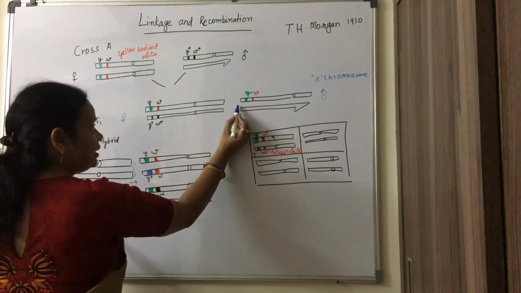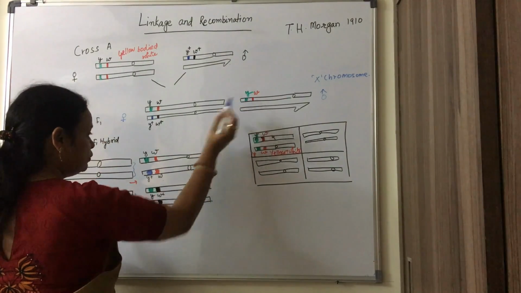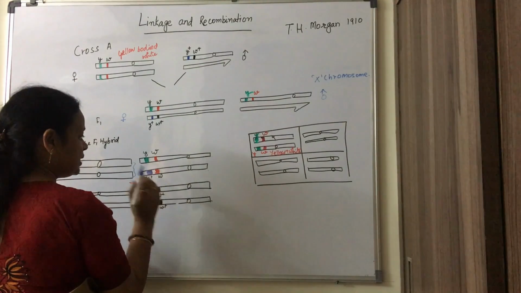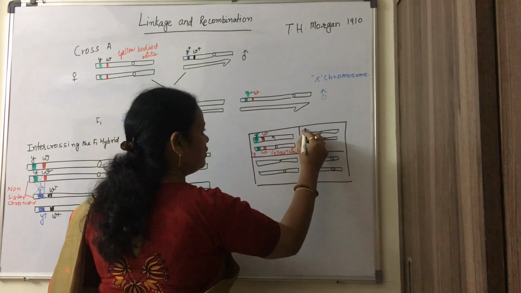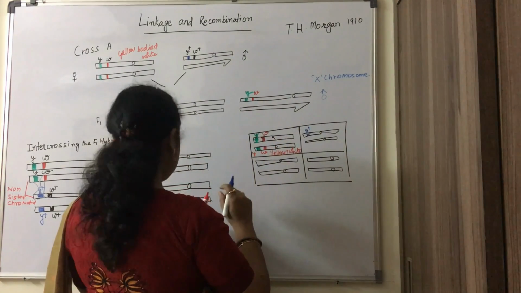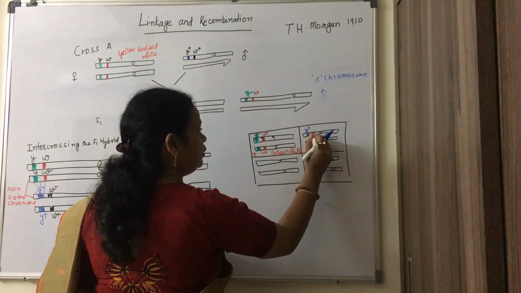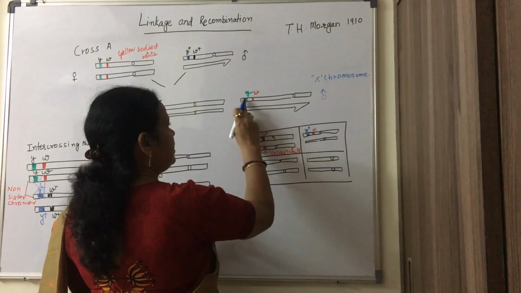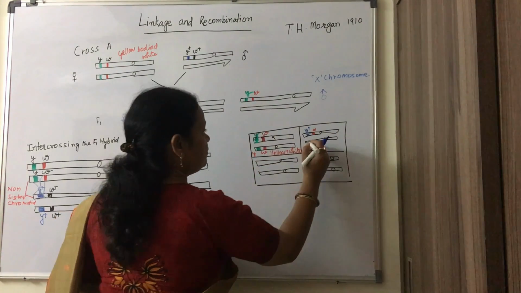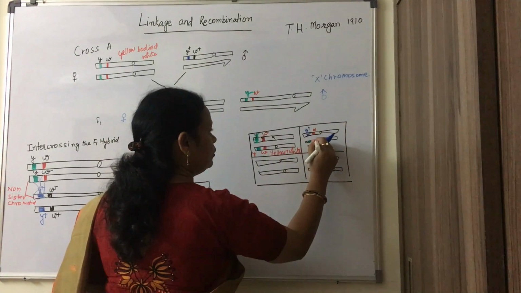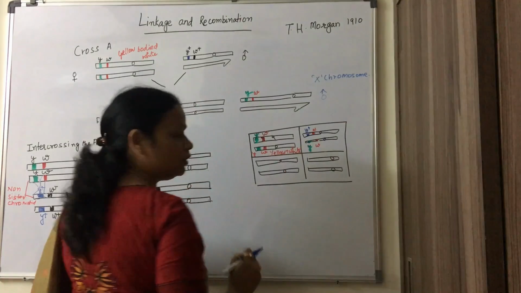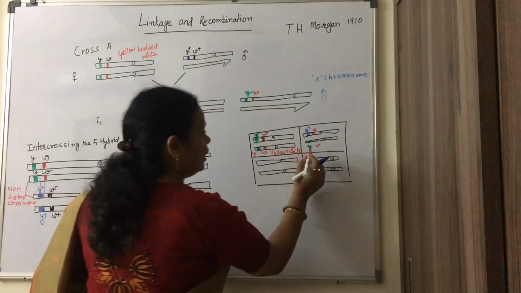Now we come to the second cross. This is YW and this is Y plus and W. So for Y plus, this is our Y plus and this is our W. Likewise with this, this is Y and W. So here, what is the new thing?